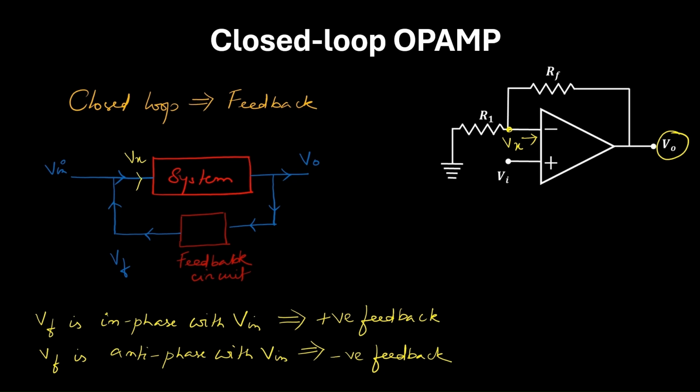So the output which you will get will be inverting. Now this inverted signal, I'll just write it down here. Inverted output. Now this inverted output is fed to the input terminal. And if I try to compare this Vx and V0, that is the V output, it is inverted with respect to Vx. So it will be negative feedback.